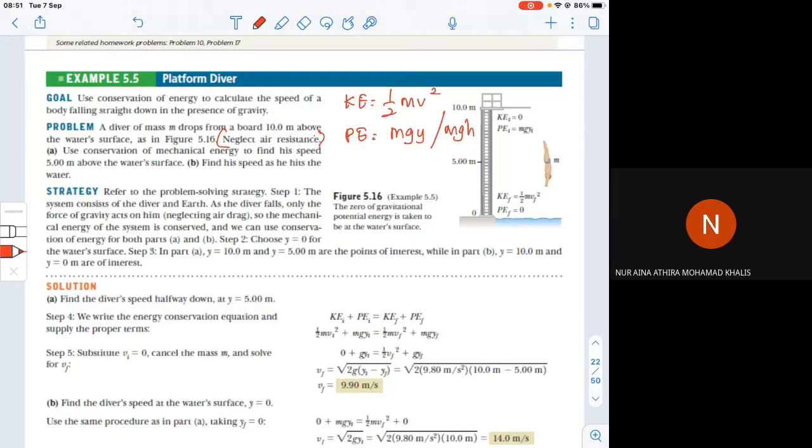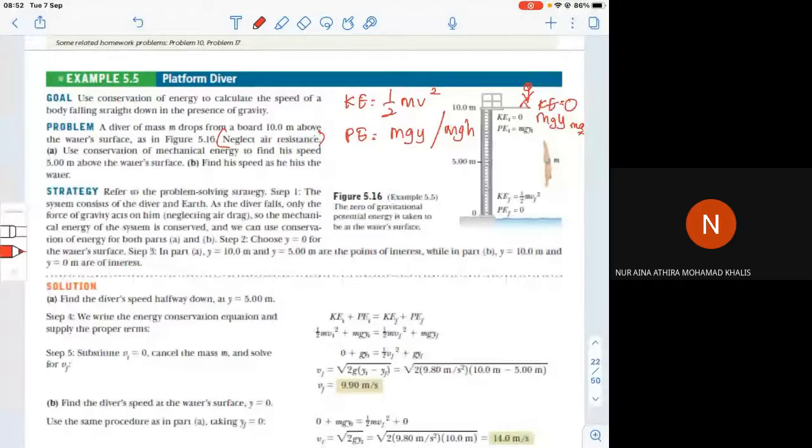Okay, so we will see that if the diver is at the top of the board, before he tries to dive from 10 meters high, at this level the kinetic energy will be 0. And at this point, mgy is maximum, because this is the highest point the diver will go through.